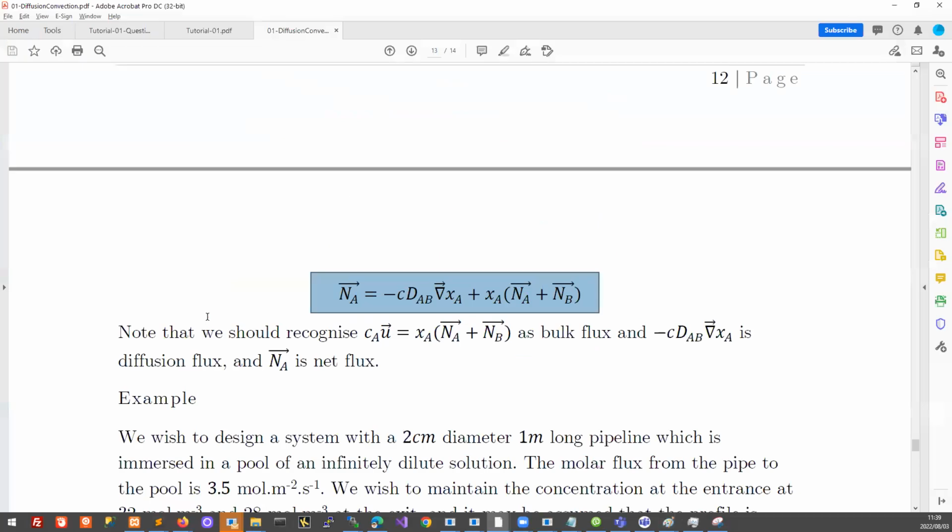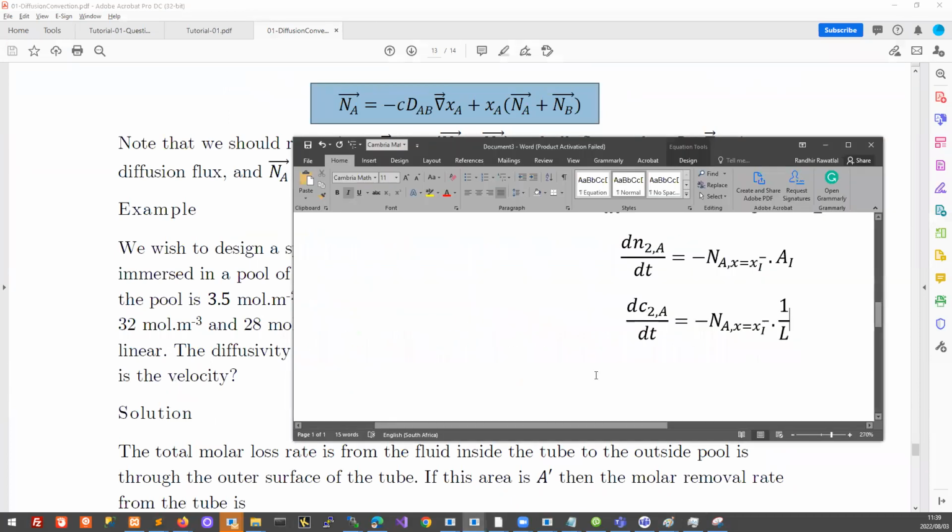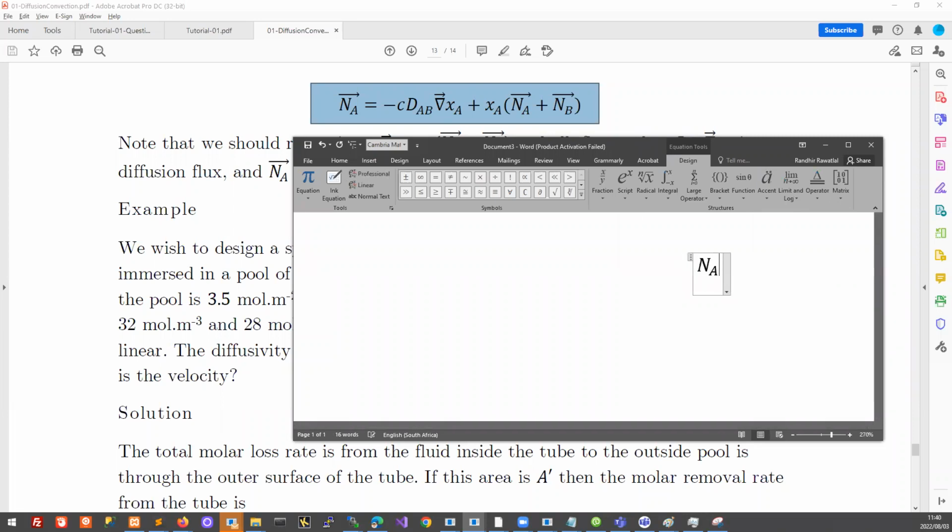So in our equation, we can get a more specific form like this. So we can say here that our actual flux of component A, NA, is equal to, so of course the diffusion term, that's still going to be there, so minus C DAB dCA/dZ. So that first term stays there.